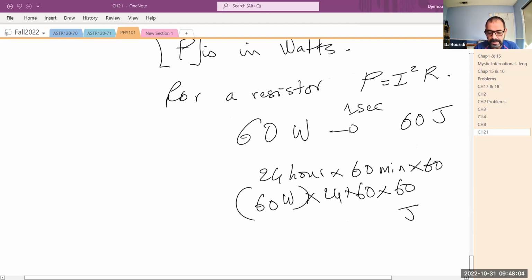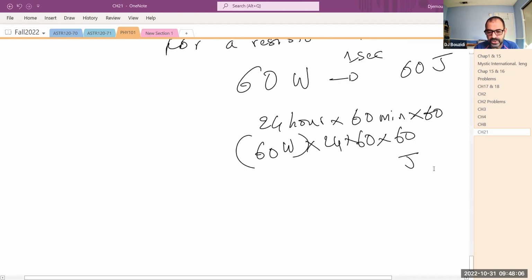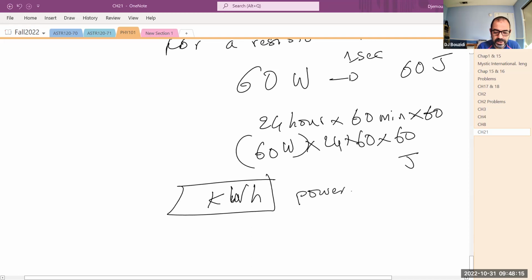Usually, the power company does not charge you by joules. It charges you by kilowatt hour. That is how the power company charges us. A kilo is 1,000 watts per hour.